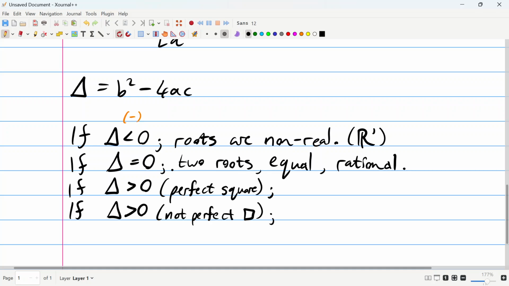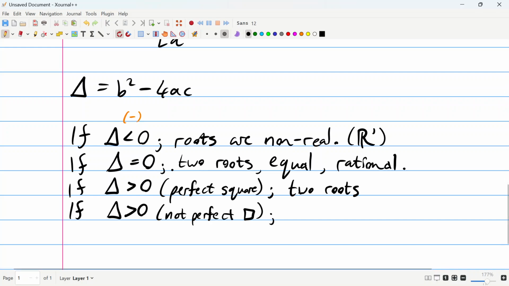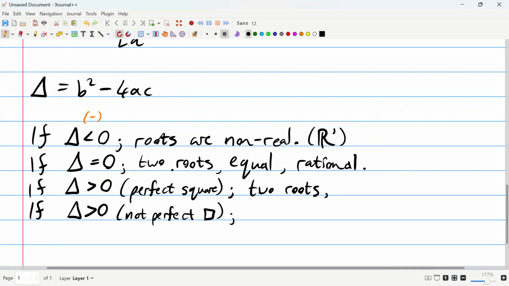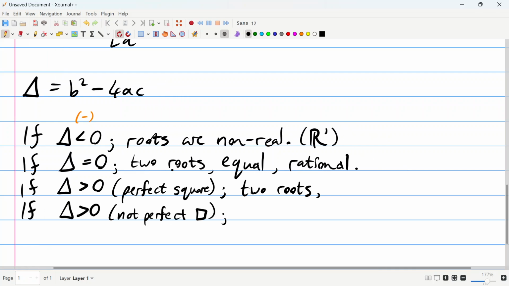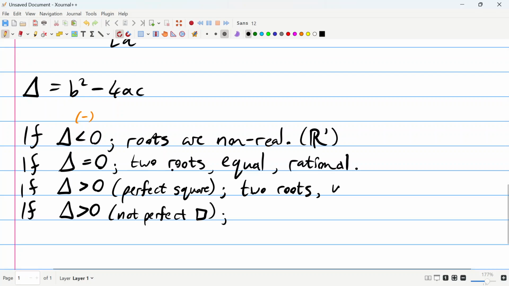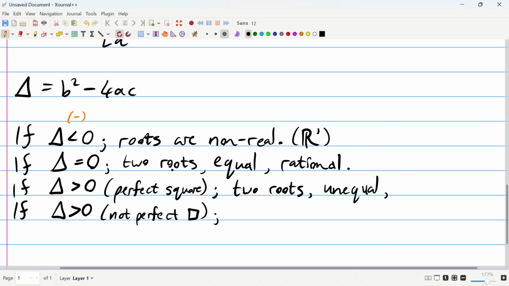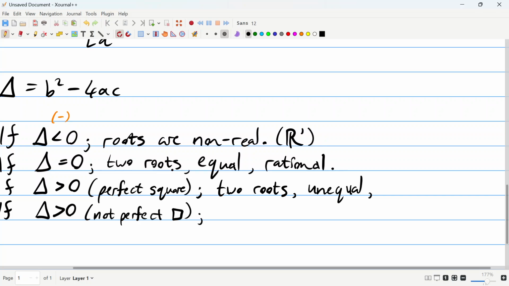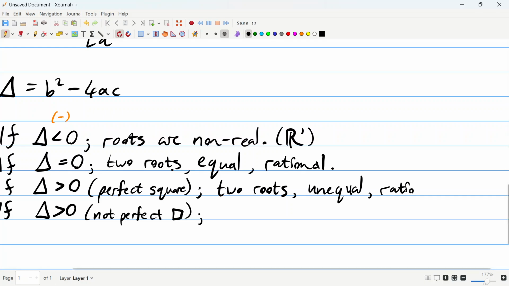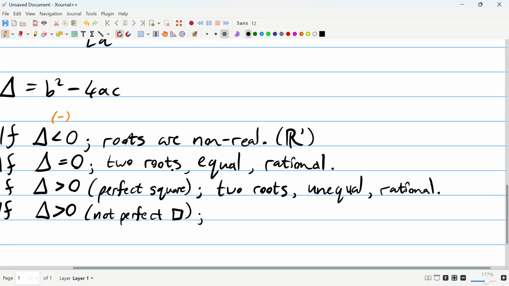So if it is a perfect square, it has two roots, okay? They are unequal, however, because it's not equal to 0. If it's not equal to 0, then it will be unequal roots, okay, if it's greater than 0. So it's unequal. However, because it's a perfect square, right, we should get something more neat, which means it is rational. That's the nature of the roots.